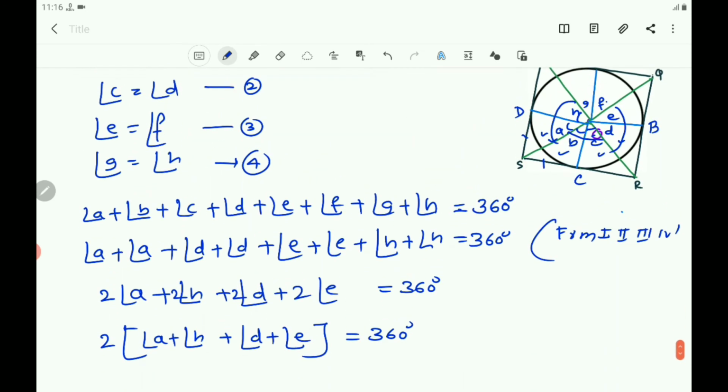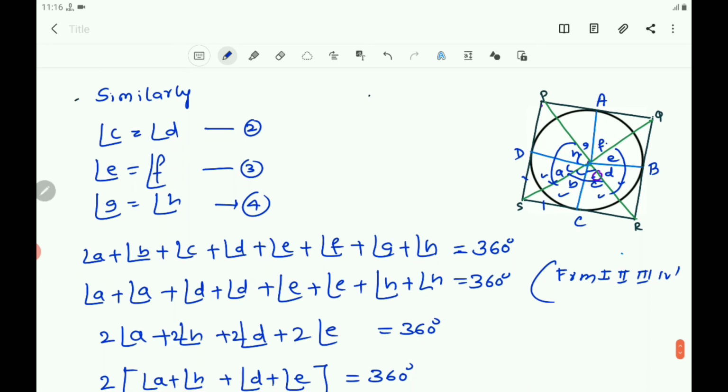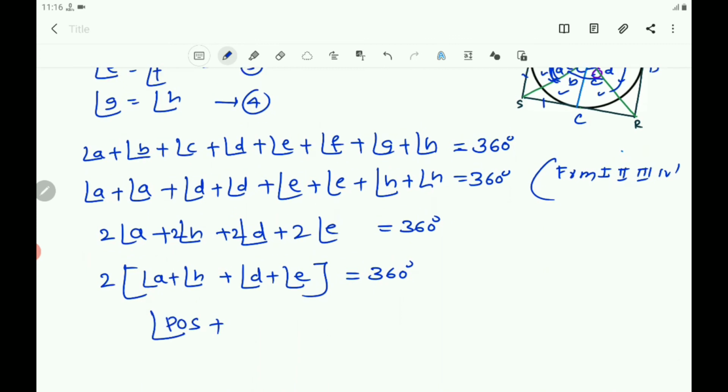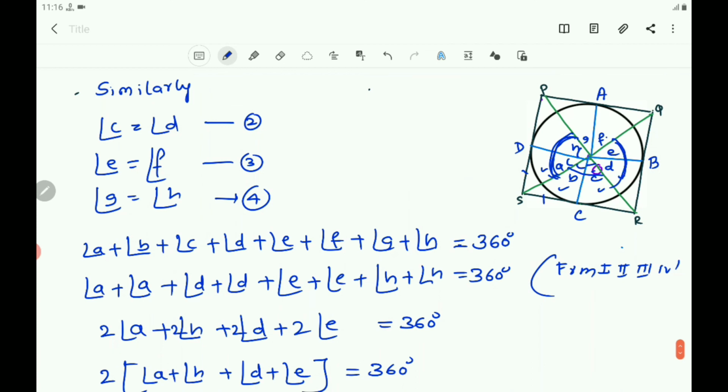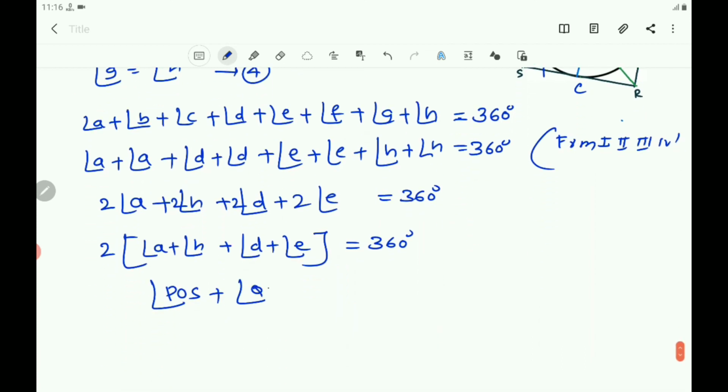Angle A plus angle H is the angle POS that you can observe here. Angle D plus angle E is the angle QOR. Therefore, angle POS plus angle QOR is equal to 360 by 2, which is 180 degrees.